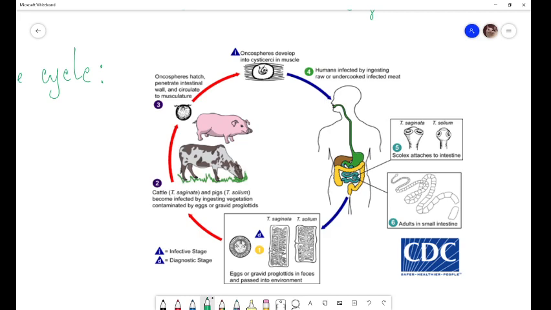Taeniasis is the infection of humans with the adult tapeworms of Taenia saginata, Taenia solium and Taenia asiatica. Humans are the only definitive hosts for these 3 species, but you must remember that for Taenia solium, our organisms can be an intermediate host too, like pigs.